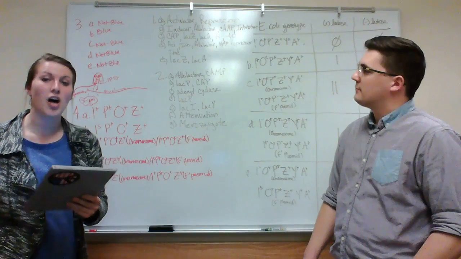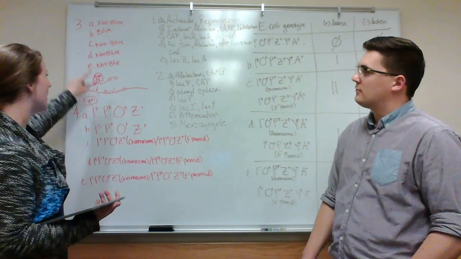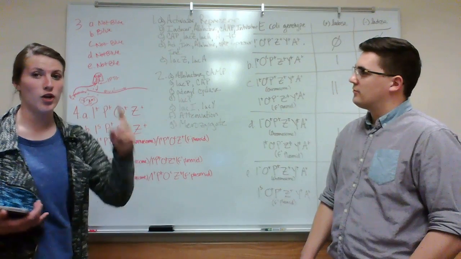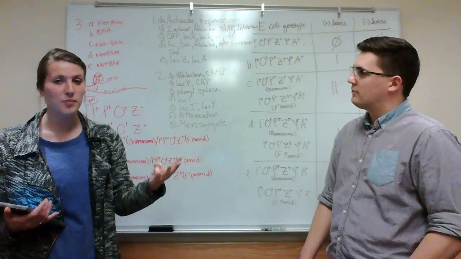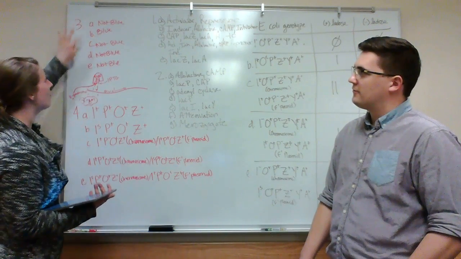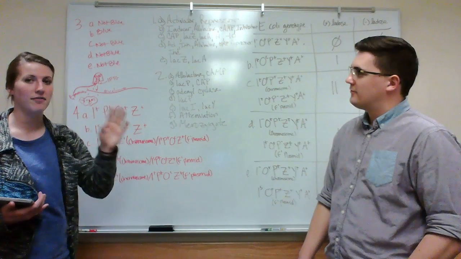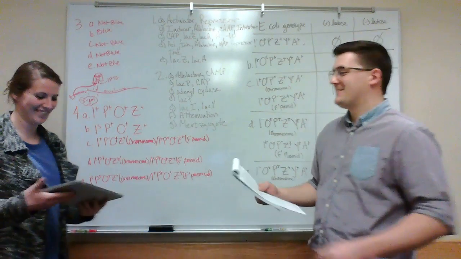And then xGal also has to be present, because when xGal is combined with the beta-galactosidase, that is what makes it blue. So when you have no glucose, IPTG is present, and xGal is present, then you'll get blue. Anything else will make it not blue. And so that is why all of the others are not blue, because they don't have all 3 of those. And that's it.